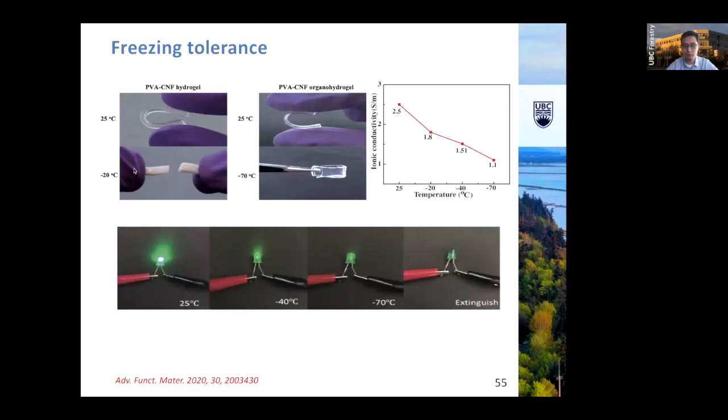This is very useful, for example, if you like outdoor activities, like skiing, or going to the mountain, it can still work. For those conductors, the conductivity will reduce as you reduce the temperature, which is obvious, but it can still light the light bulb even at negative 70 degrees Celsius.